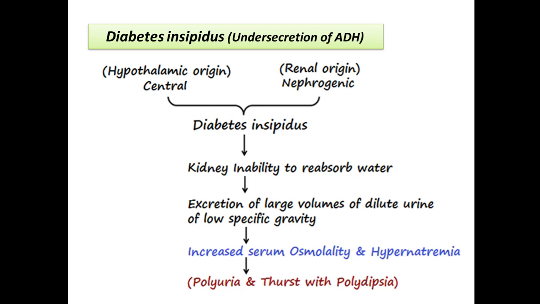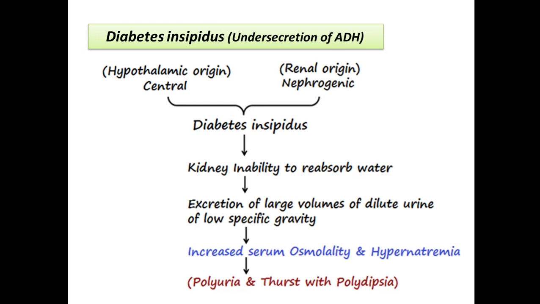So the same polyuria and polydipsia occurs in diabetes insipidus. But here the problem is not due to increase or decrease concentration of glucose, hyperglycemia or hypoglycemia. Here the problem is with the undersecretion of antidiuretic hormone.